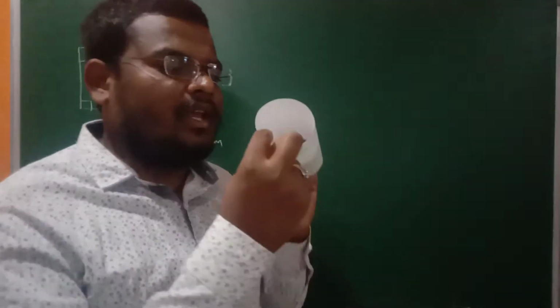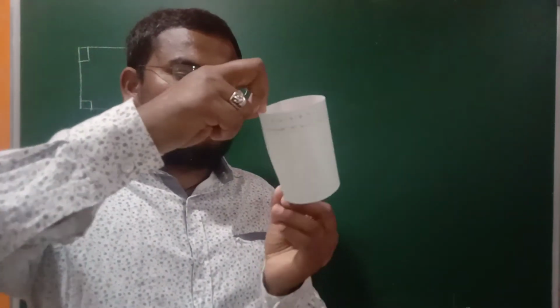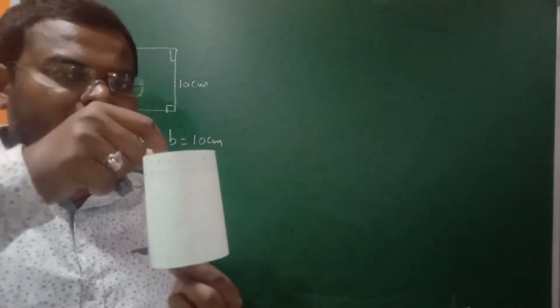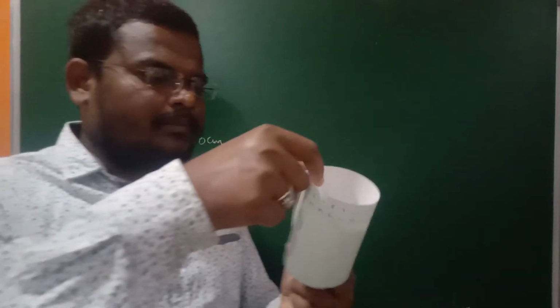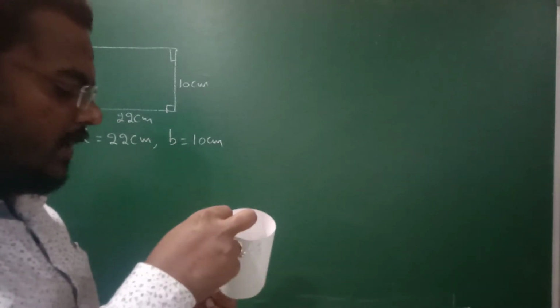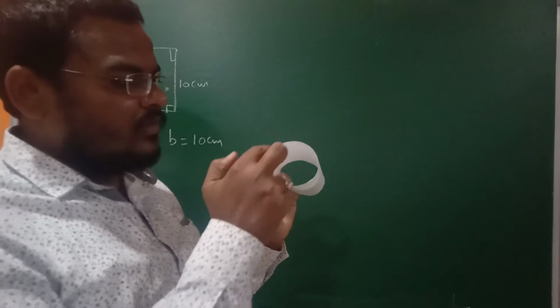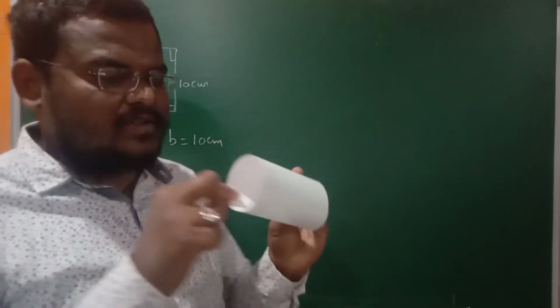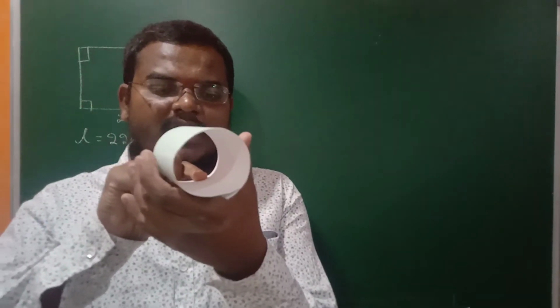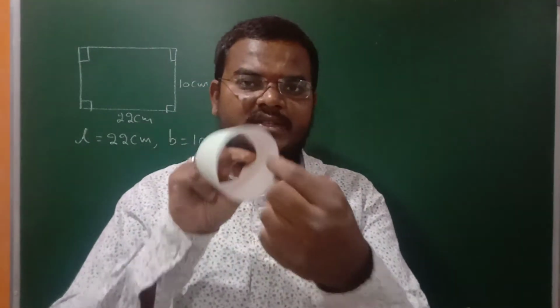Can you see? Now you see, dear friends, I have made this rectangular graph into the cylinder. Now we can observe the circular base on both the sides, the top face and the bottom face, right?